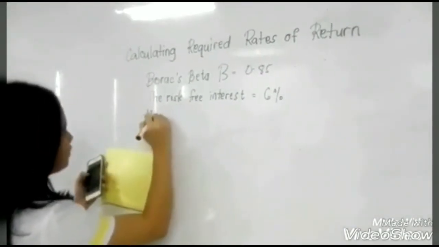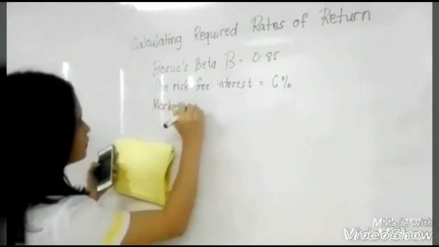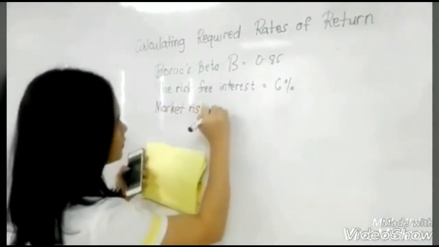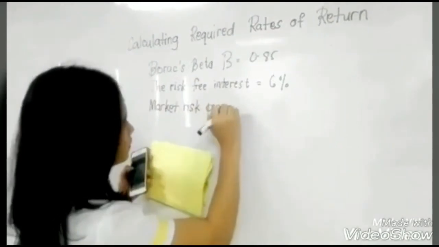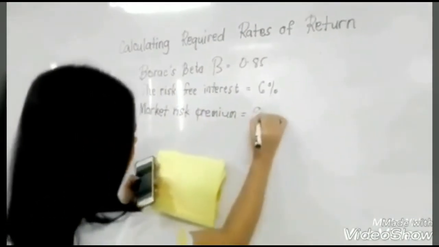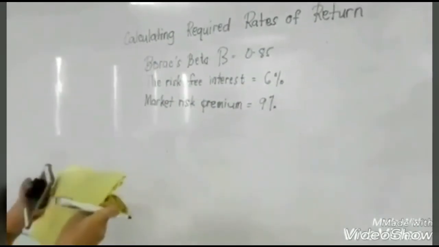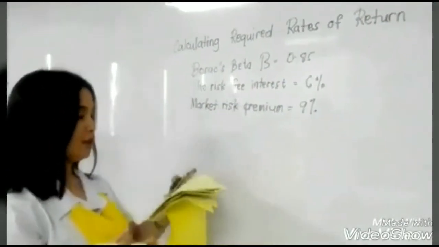Market risk premium is 9%. So, yung tatlong to is given sila. So, kukuhain natin yung cost of equity.